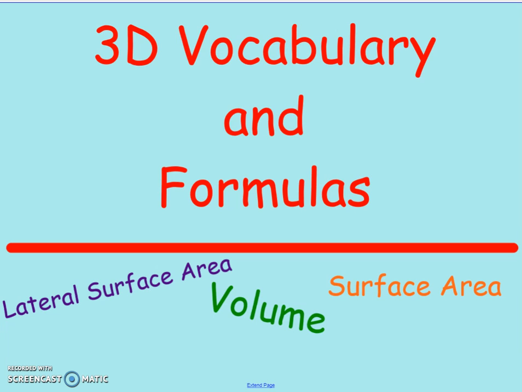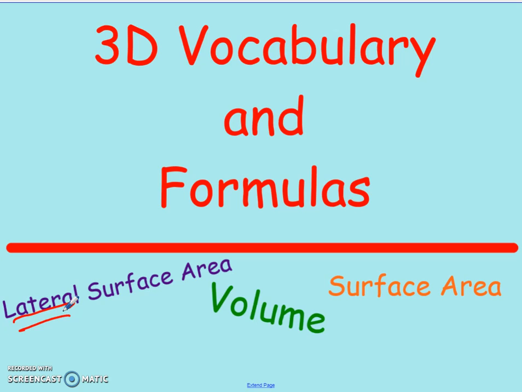We're going to talk about surface area and volume. That's our next little part, talking about these 3D figures. So we're moving from area of 2D figures to surface area and volume of 3D figures. There's lateral surface area and then total surface area. You guys learned the difference a long, long time ago, but lateral surface area is just the sides. So if you think about a box, it's just the 4 sides of the box, not including the top and bottom.